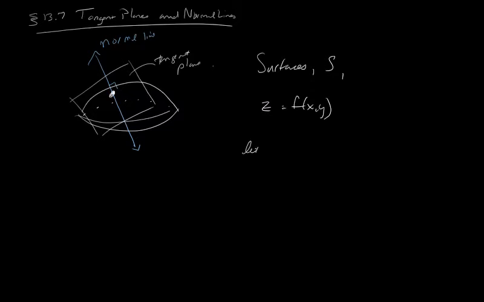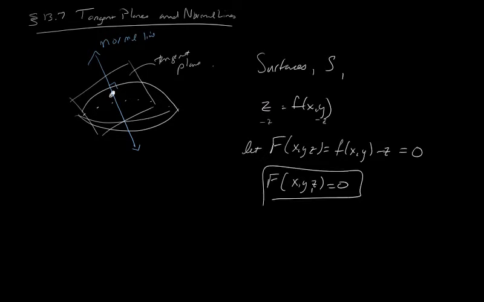We are going to let capital F of x, y, z be equal to f of x, y minus z, where we're just subtracting z from both sides of this equation, which is equal to 0. Okay, so this capital F of x, y, z equal to 0 is our alternative form of our surface S. All right, that's the first thing.